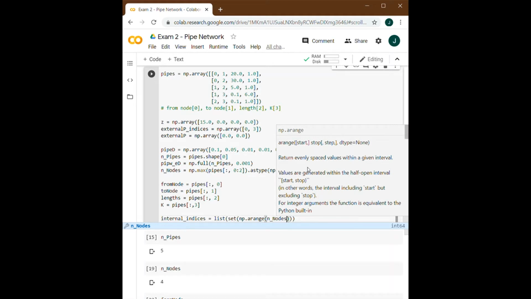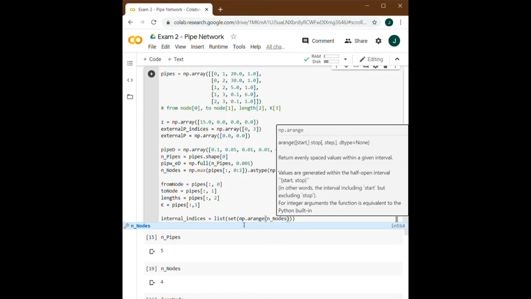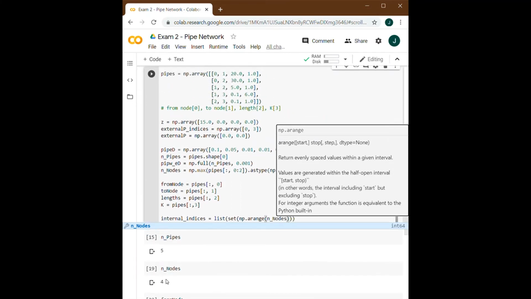So what this arange function does is it returns evenly spaced values within a given interval. For us, this is going to give us a set starting at 0 of all integers up to n nodes. So we saw n nodes is 4, as we saw down here.